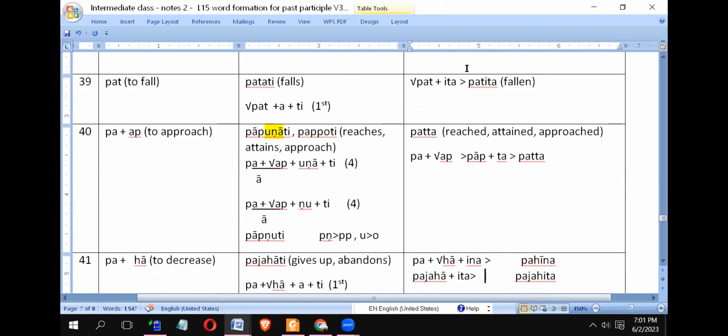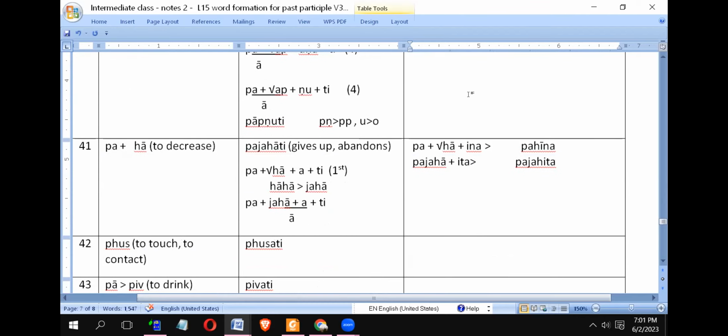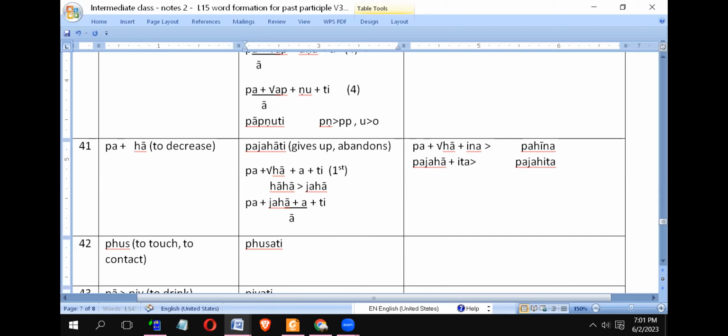Some got two, some got one. Pahina, pajahita. So how to do it? Just memorize it, like in my time, we just memorized it. After we memorized pahina, pajahita, we know there are two roots here. Okay, next one. This is so easy.